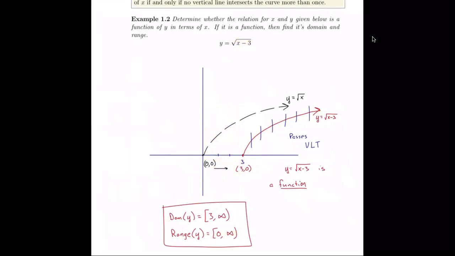Since we always get positive numbers out, the least this can be is 0. 3 minus 3 is 0, and the square root of 0 is 0. So this is our lowest point on the y-axis, but we obtain every other value on the y-axis eventually. So this is 0 to infinity for the range. So the domain is the x values and the range is the y values. Or the domain is the horizontal axis and the range is the vertical axis.